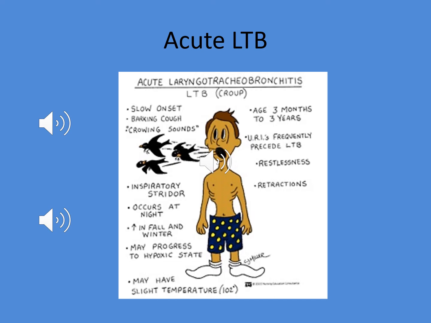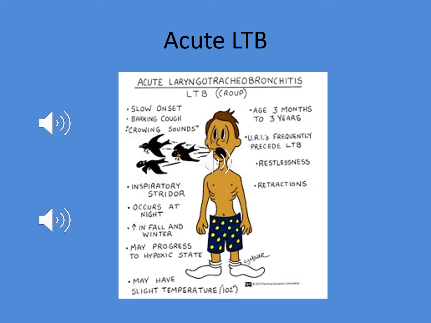So put a pulse ox on them, see what their O2 stat is. If need be, we can give them some supplemental oxygen as needed just to make sure we keep their sats up. Typically with peds, just like adults, we like to see their sats above 90%. Some physicians will even write above 92%. So it's kind of a preference, but a general rule is usually at least above 90%.